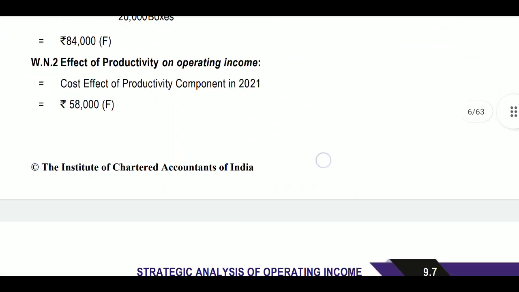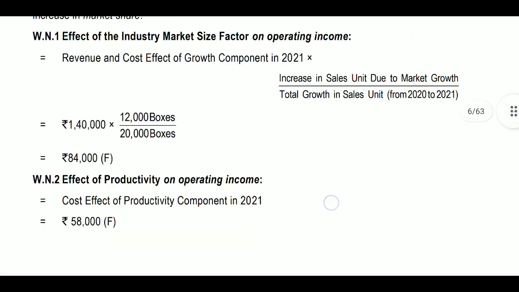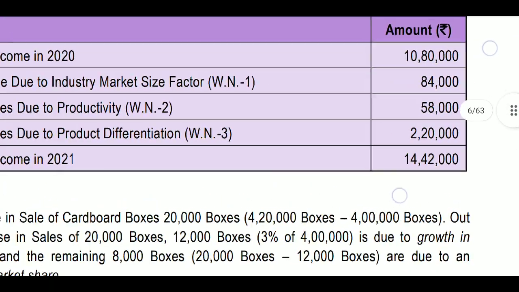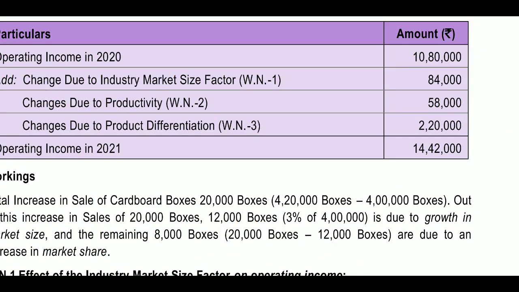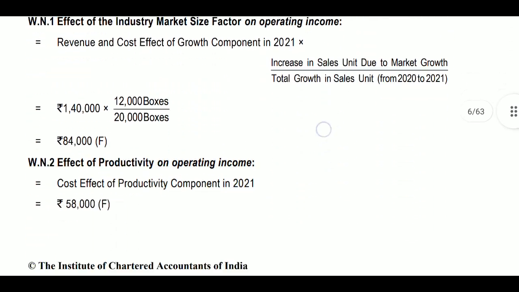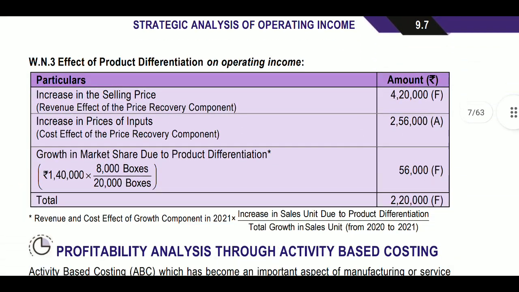Next, productivity and operating income, they provided directly 58,000. So 58,000 will be provided due to change in productivity. Next, the last one is due to change in product differentiation. They provided increase in selling price 4 lakh 20, increase in price of inputs 2 lakh 56,000, which is adverse, and growth in market share due to product differentiation will be 1 lakh 40 into 8,000 boxes divided by 20,000, that is 56,000.